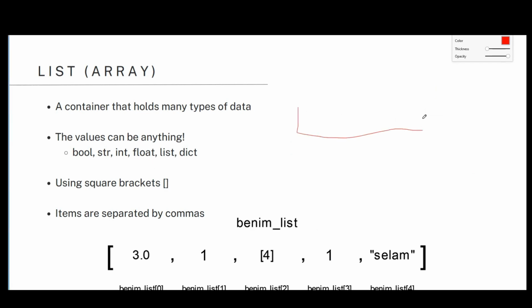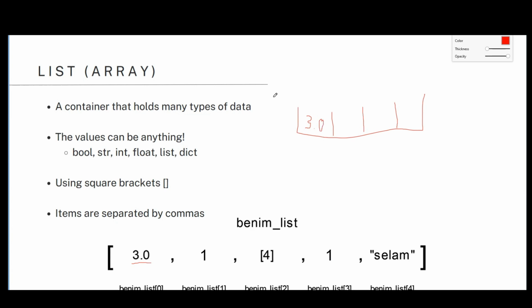So if you think about it, think about a container with a bunch of slots in it. So if I wanted to make a list of items, let's say I wanted to do this as my first, 3.0.